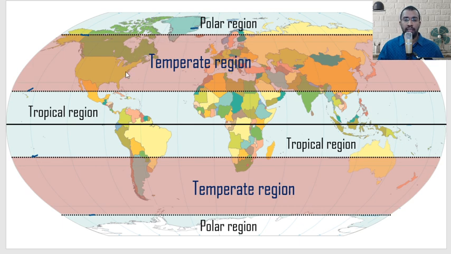When you talk about the temperate region or the polar region, the angle of sun's inclination is not vertical, and it is always less than 90 degrees.